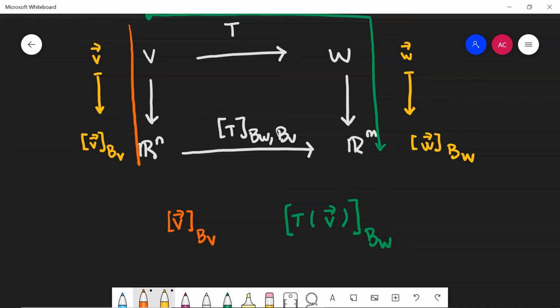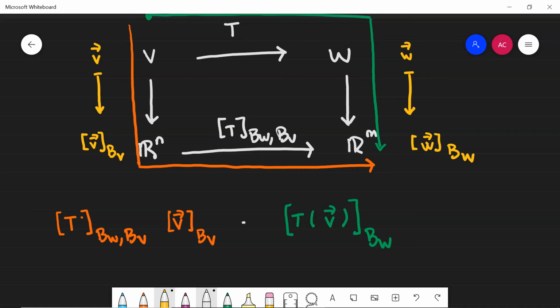And then I'm applying multiplication on the left by this matrix that we're calling the matrix representation of T with respect to these bases. And then commutativity of the diagram just says that these are equal.